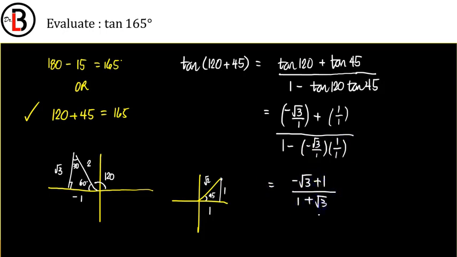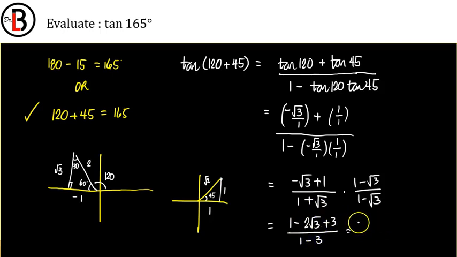The thing is, if this is not accepted because it has a radical in the denominator, we can multiply this by the conjugate to rationalize the denominator. So that gives us 1 minus 2 square root of 3 plus 3 all over 1 minus 3.